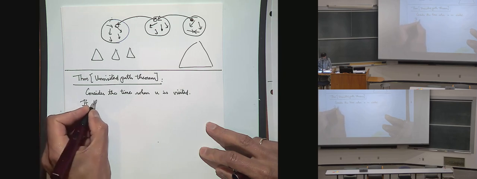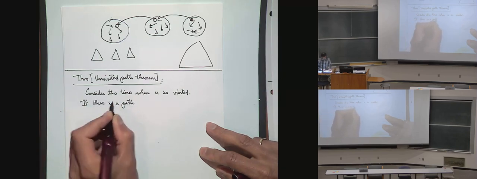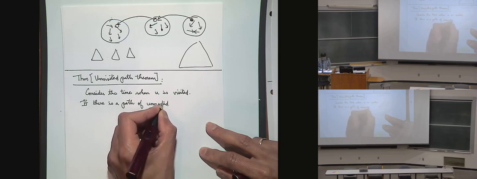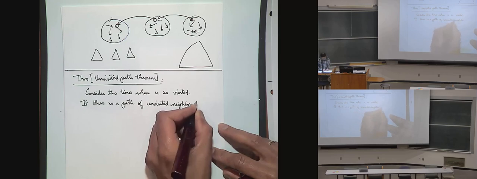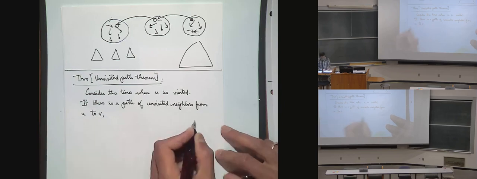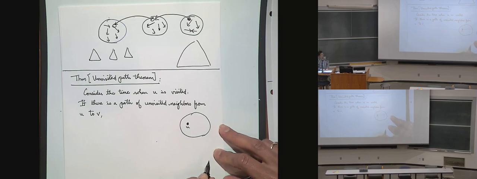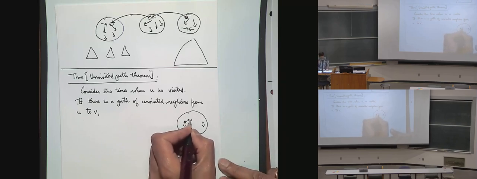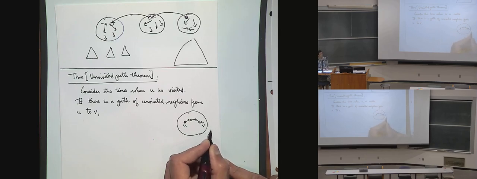If there is a path of unvisited neighbors from U to V, so at the time that U is visited, there is some other V somewhere, and there is a path that is all unvisited.